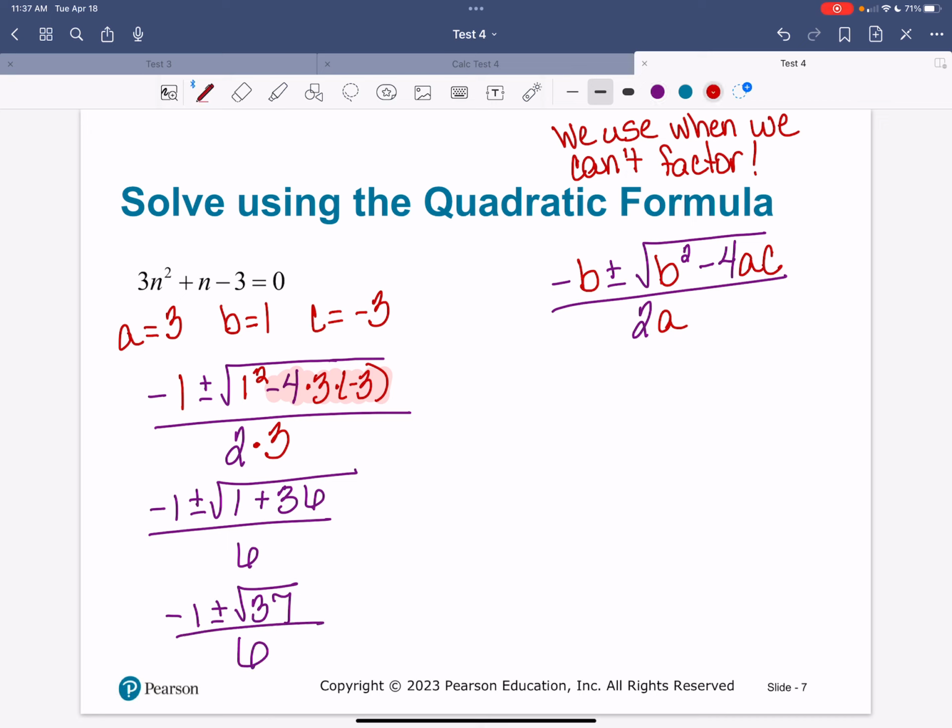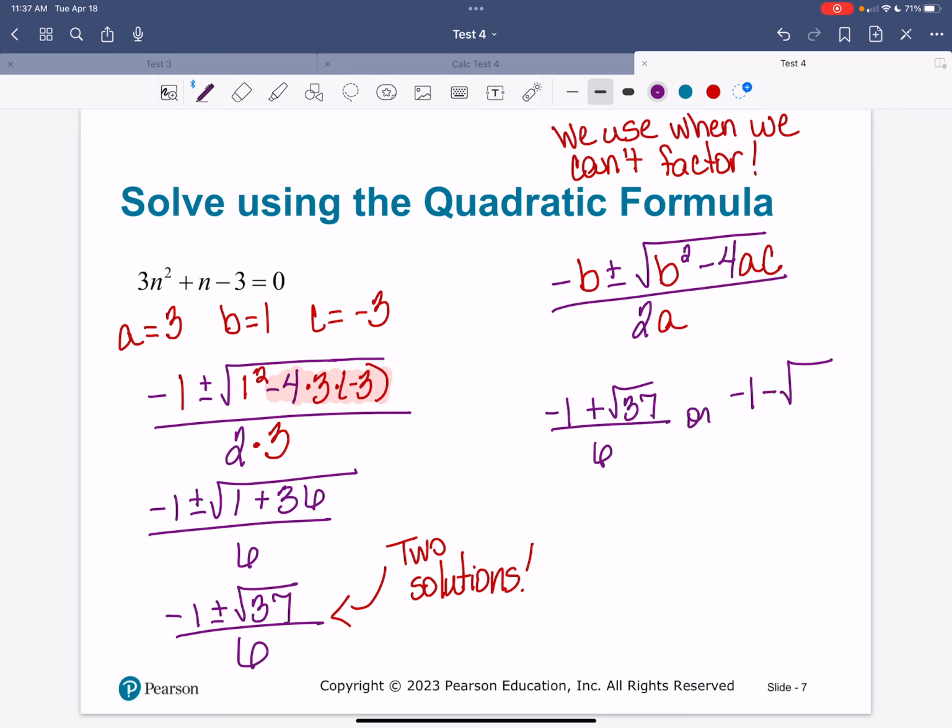Now it's very important that you realize this means 2 solutions. It means negative 1 plus the square root of 37 over 6, and it means negative 1 minus the square root of 37 over 6.